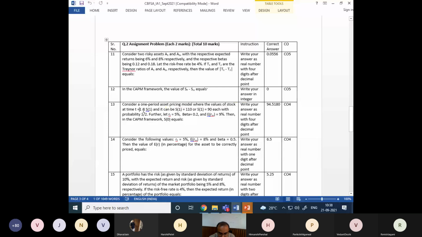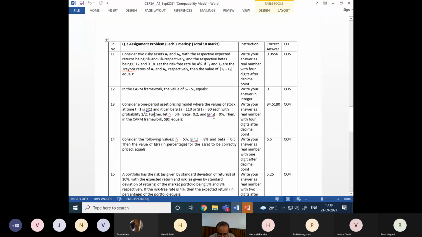So first of all, I need to find the expected value of this stock at t equal to 1. Whenever there are probabilities associated with anything, you have to find its expected value, which is the average value. Remember, expected means average value. So first you find the expected value of S1, E of S1. It is 110 into 1/2 plus 90 into 1/2. You can solve it very easily, and that will be the expected value of the stock at t equal to 1.